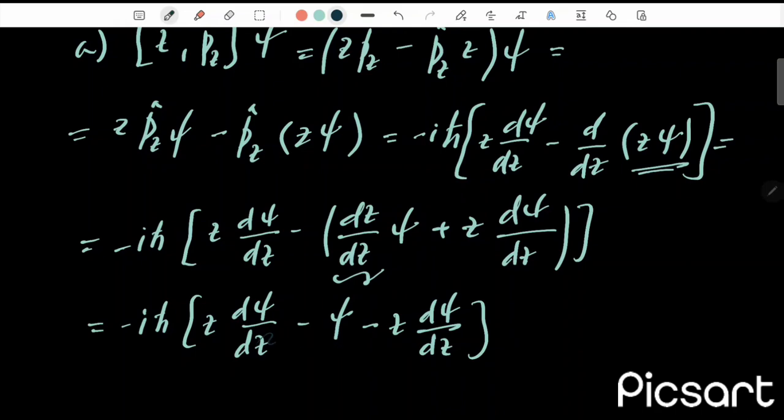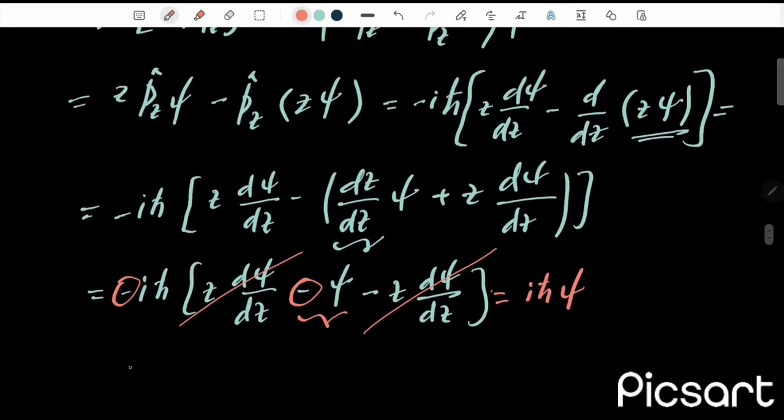As we can see here, this term is equal to this one, so that we can simplify, and we have only minus psi here, and we have the solution written as minus, oh sorry, this minus times this minus is plus, and we have only i times h bar psi.